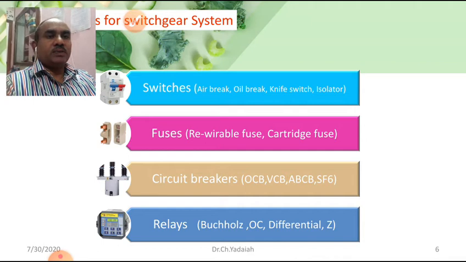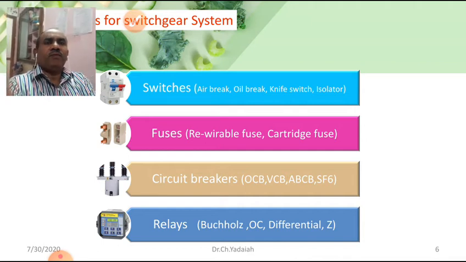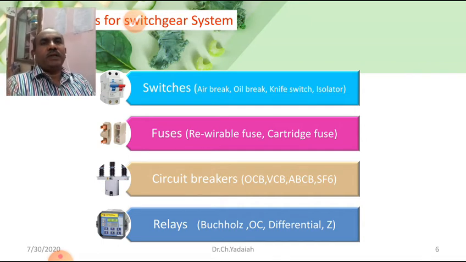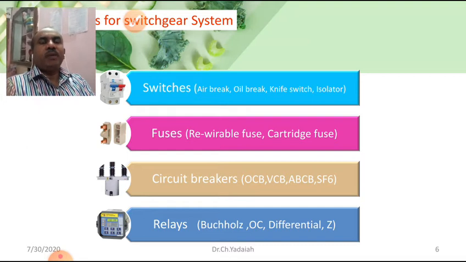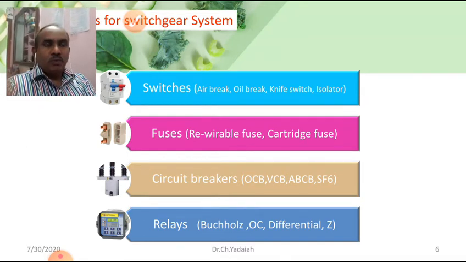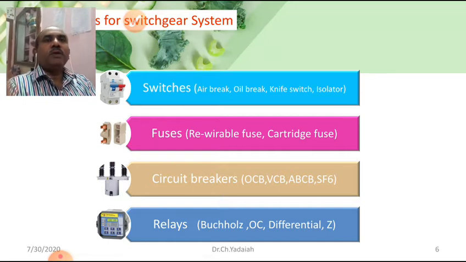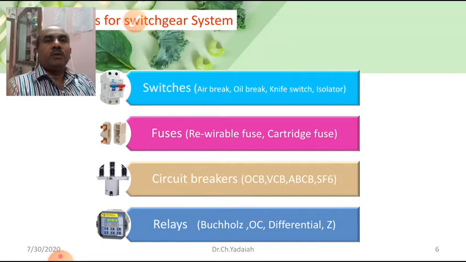These are the family members of switchgear and protective equipment. Each member has its own characteristics and importance to protect our distribution system and to maintain quality power to our consumers.